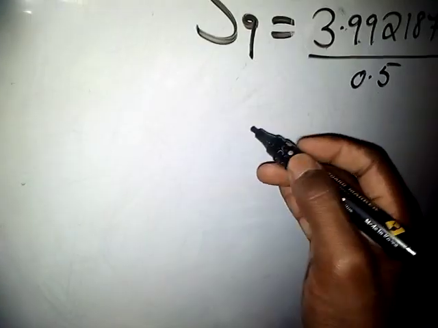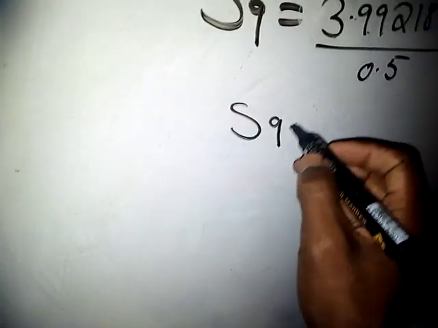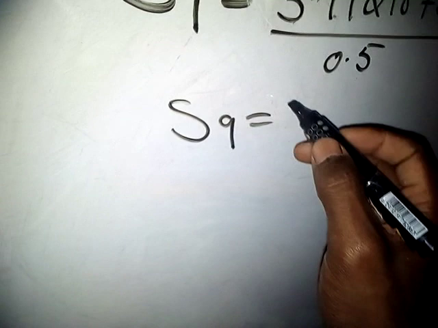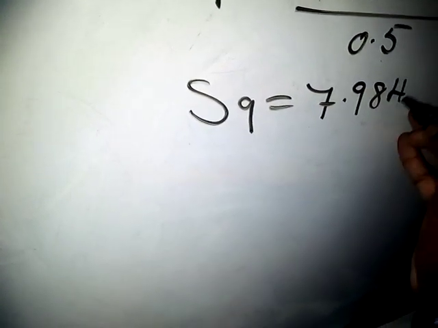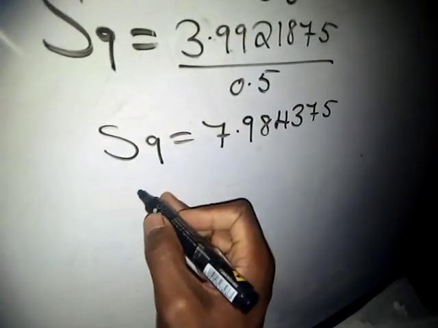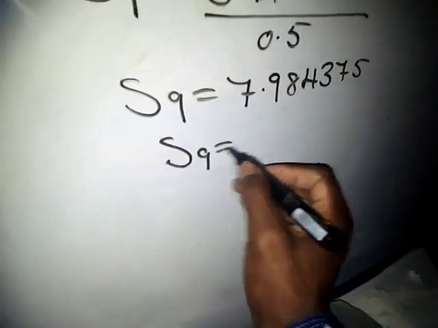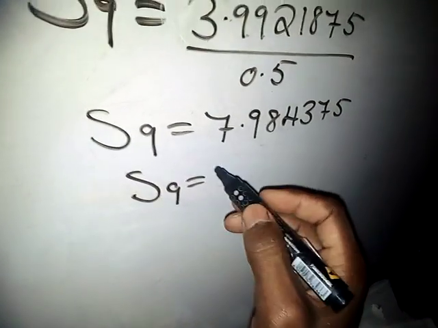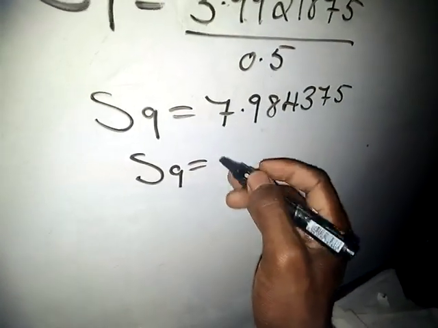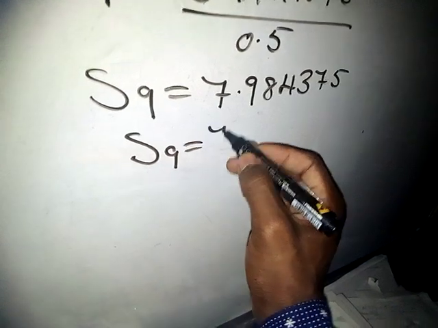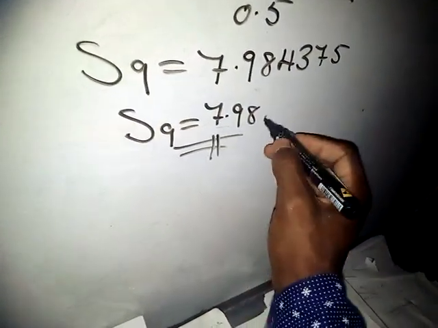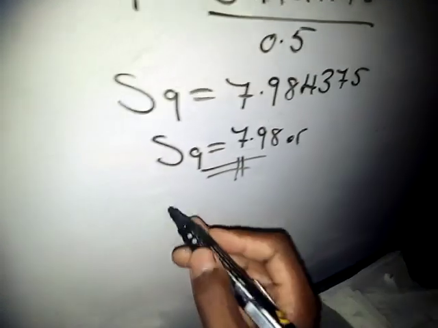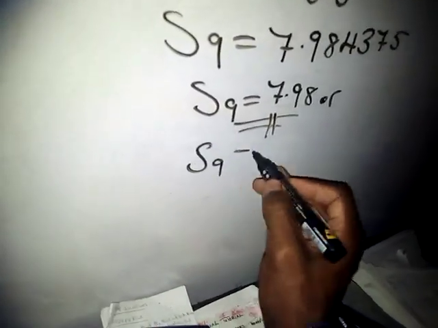So your answer in this case is the sum of the first 9 terms of a GP equals 7.984375. But since the answer is not exact, we round off correct to 3 significant figures. In this case, it will be 7.98 as your answer.